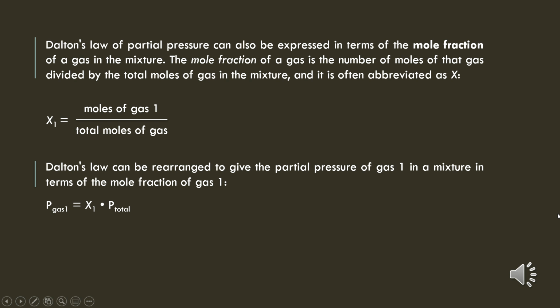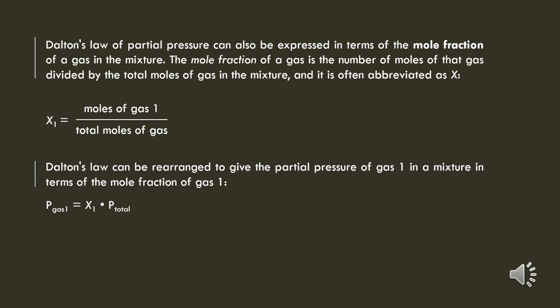Dalton's law of partial pressure can also be expressed in terms of the mole fraction of a gas in the mixture. The mole fraction of a gas is the number of moles of that gas divided by the total moles of gas in the mixture, and it is often abbreviated as X. So X1 equals moles of gas 1 divided by total moles of gas.